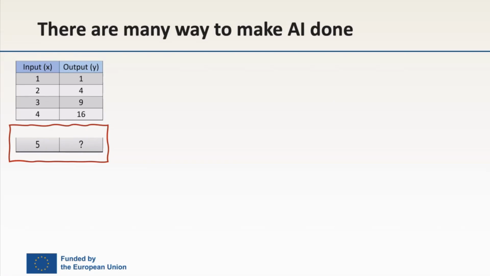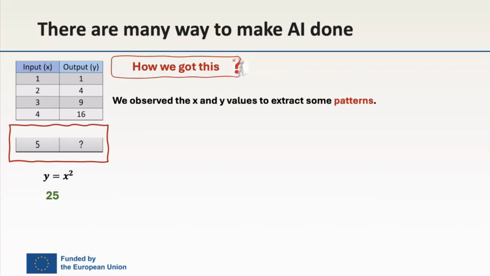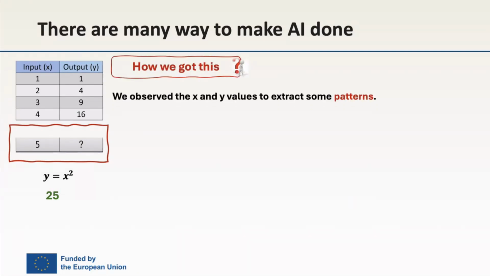If we have 5, what do we expect? According to our brain as humans, we expect Y equals x squared, because we try to study the pattern between x and y. So as humans, we only try to extract some pattern.